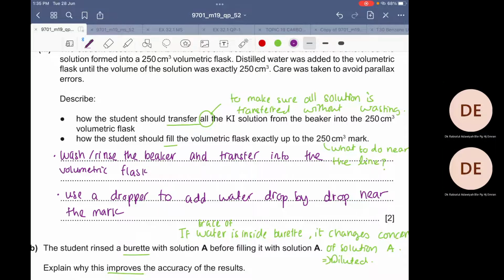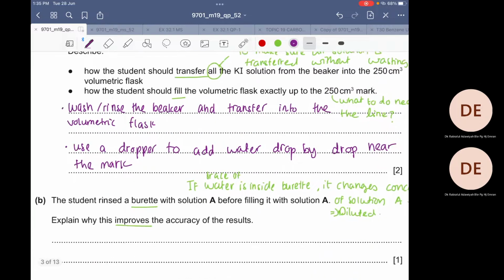Okay? So explain why this improves the accuracy of the results, because then the solution in the burette is at the expected concentration.